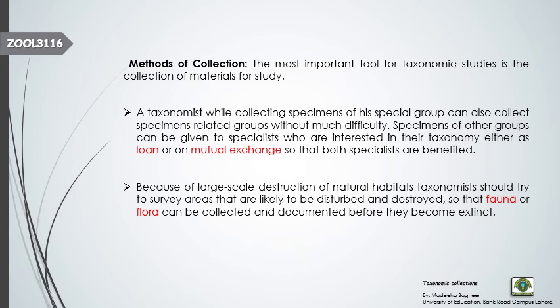So before their extinction, it is very important that they should be collected by the taxonomist. So the first priority of the taxonomist should be those areas that are going to be destroyed, either because of flood or because of other environmental factors.